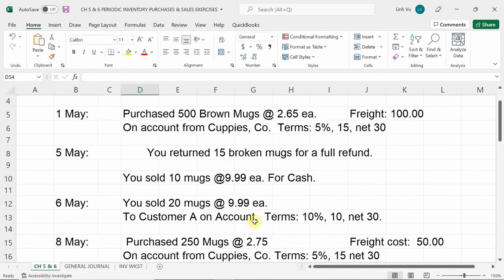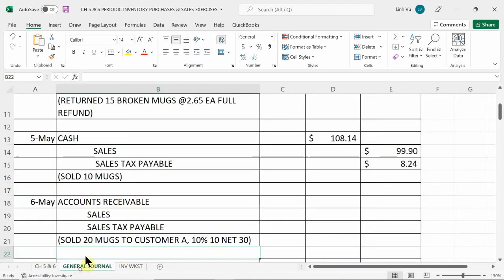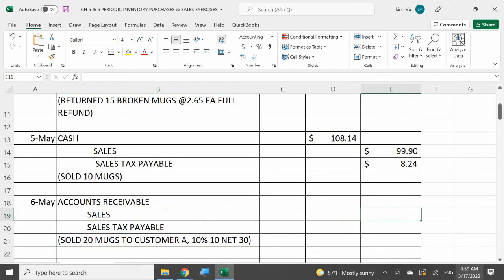Right? So we sold 20 mugs at $9.99 each to customer A on an account. So in this case, what was my total amount of sales if I sold 20 mugs at $9.99 each? $199.80.